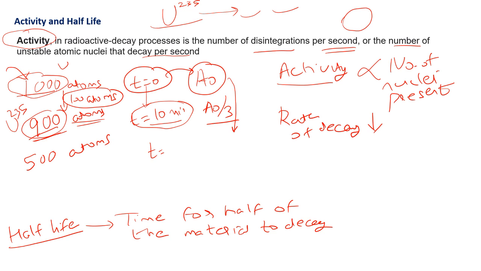So the 1000 is being divided into 2, so 500 atoms are left. The time taken when half of the atoms have decayed is called the half-life, and that can be represented like this in the questions, t half. So that is our half-life.